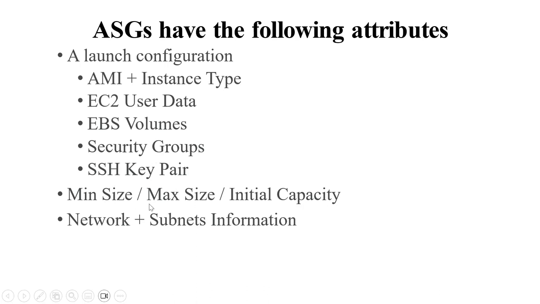Suppose I define the desired capacity as 2, those 2 instances should not be launched in the same availability zone. One instance in one availability zone, another instance in another availability zone, right? So those subnets you need to define, in which subnets you want to launch them.